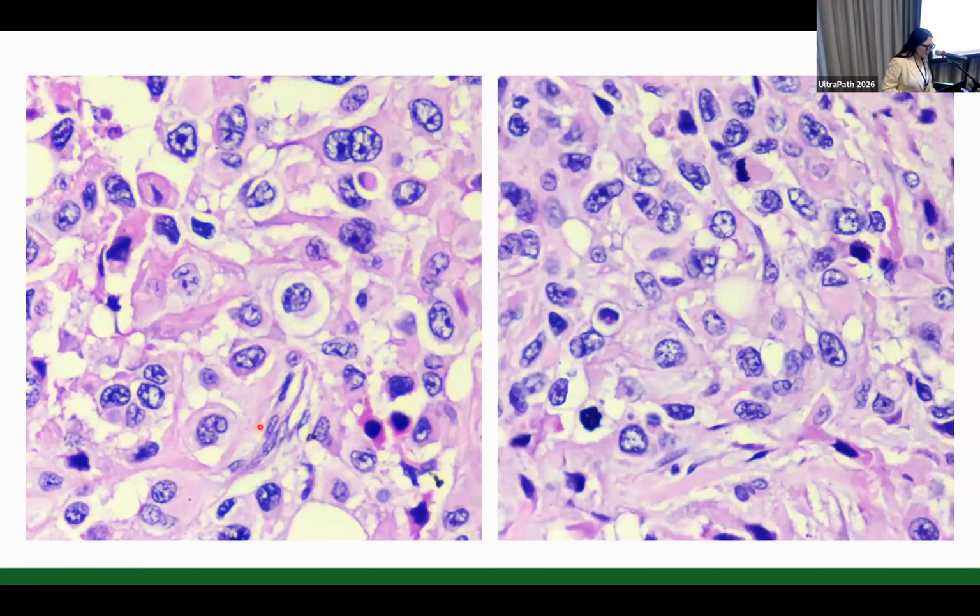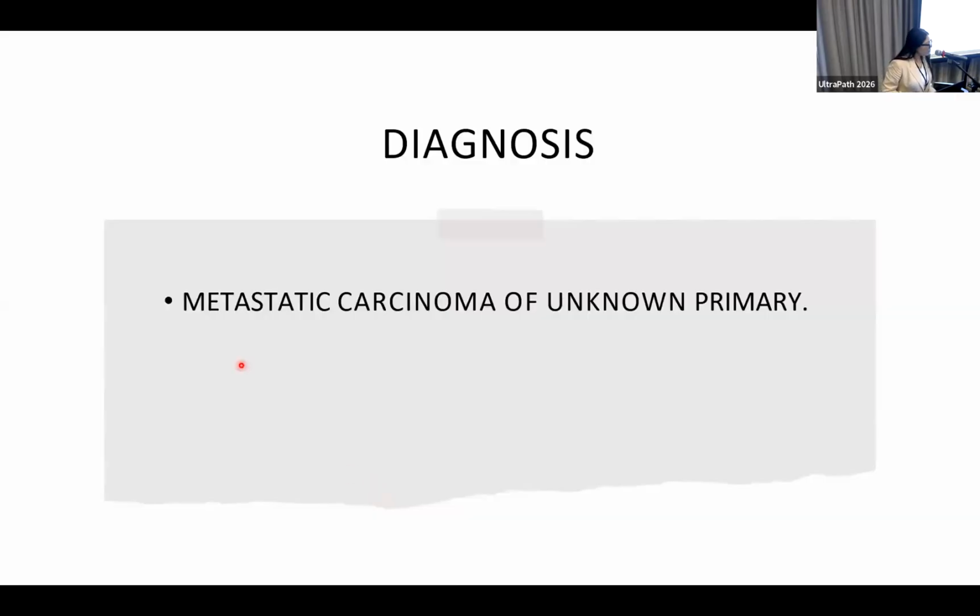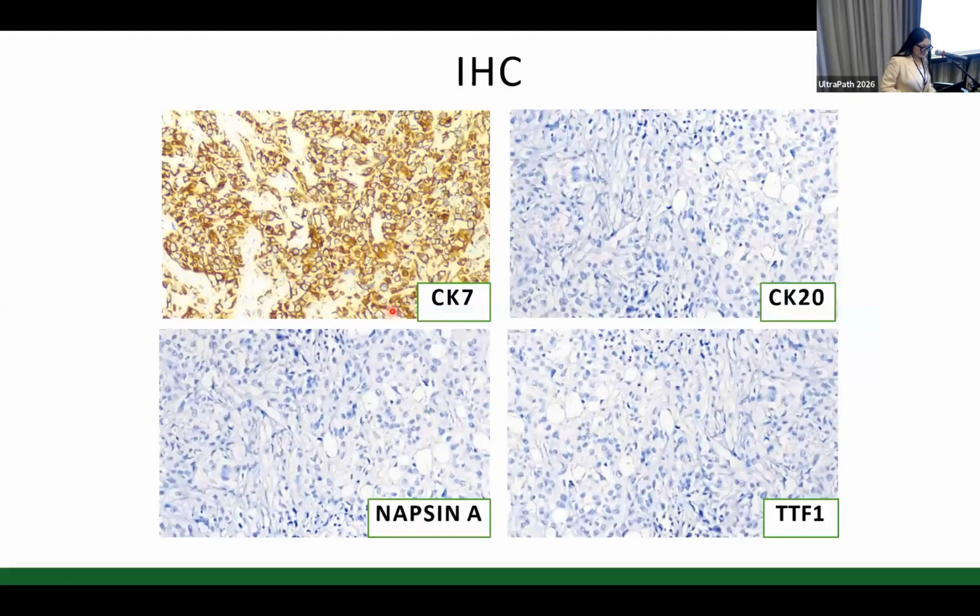At higher magnification, we can observe the pleomorphism, high-grade mitotic activity, and maybe a focal glandular differentiation. So our first diagnosis, without performing the immunohistochemical markers, was a metastatic carcinoma of unknown primary.